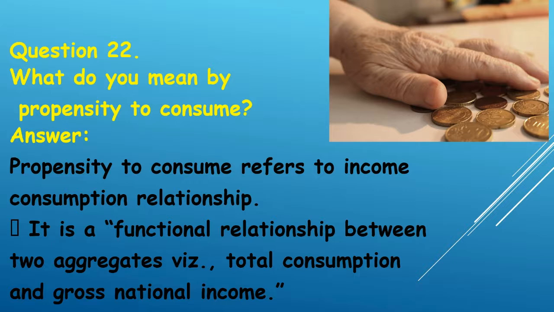For example, the proportion of total income or increase in income that a consumer tends to spend on goods and services rather than save, if they are spending on goods and services, then it is called propensity to consume. So it is a functional relationship between two aggregates: total consumption and gross national income.